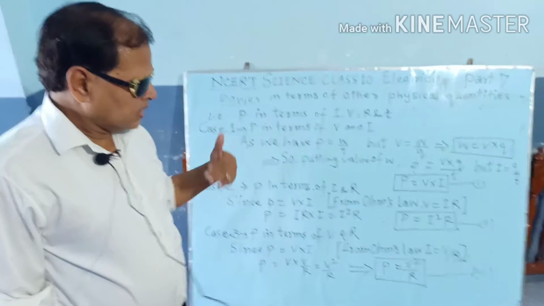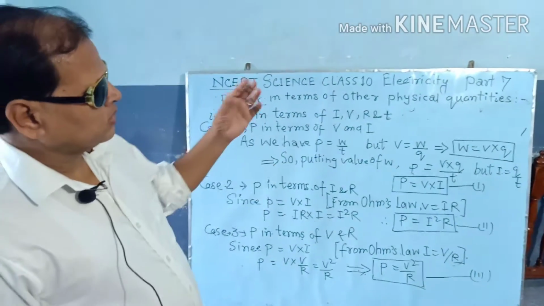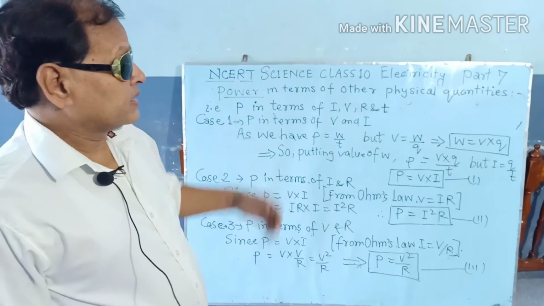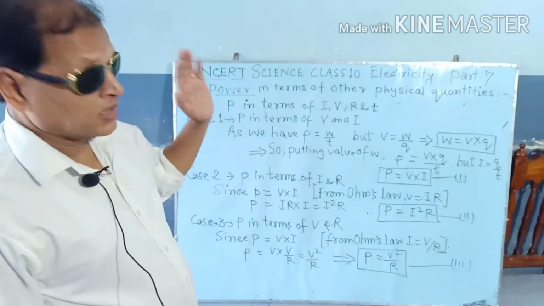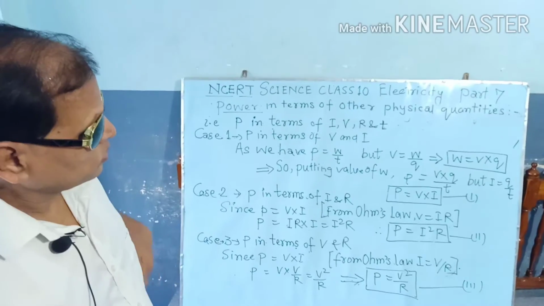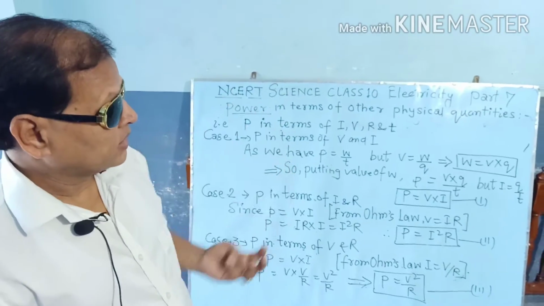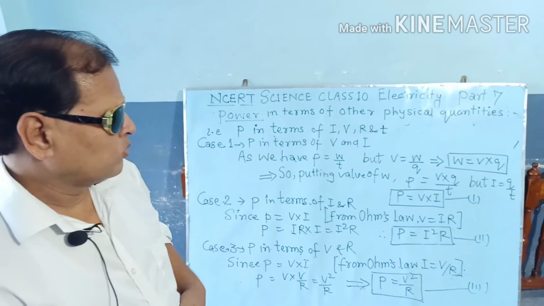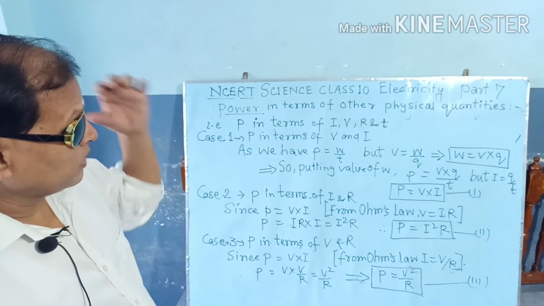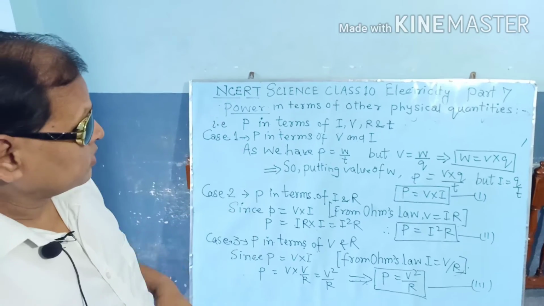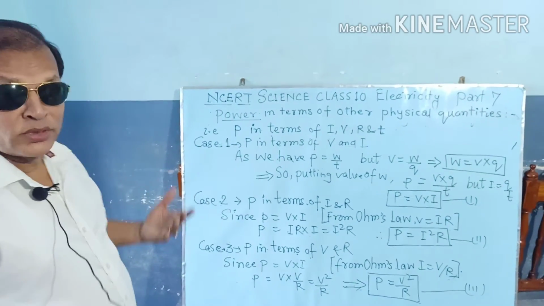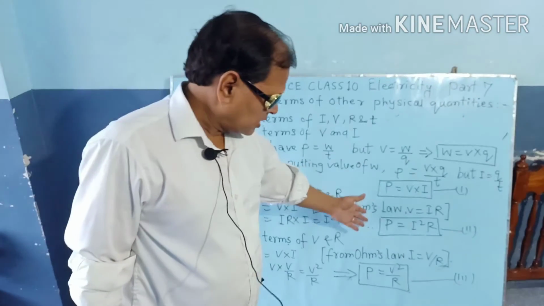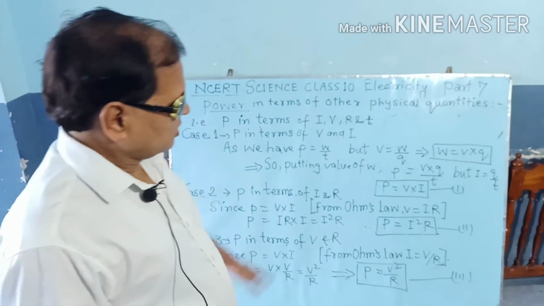Before that, when all the parts of the topic electricity are finished, you must learn by heart all the formulas relating to current: I is equal to Q by T, V is equal to W by Q, power is equal to W by T, Ohm's law V is equal to IR, and these 3 relations in addition.